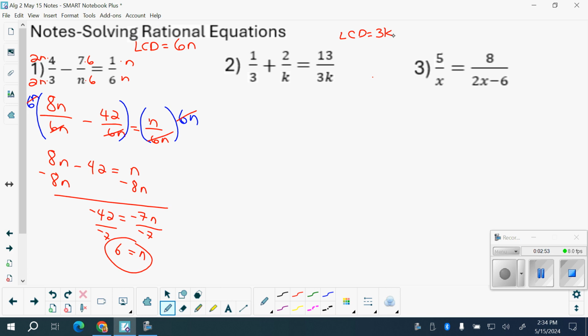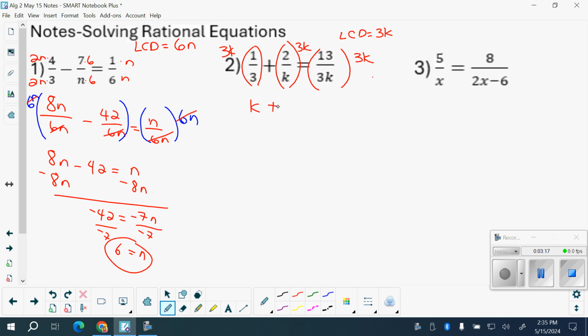So we would be multiplying this side by 3k and this side by 3k. So essentially, when we're multiplying this left side by 3k, we're multiplying this one by 3k and this one by 3k. So what cancels here on this one? The 3. So we're left with k times 1 or k.